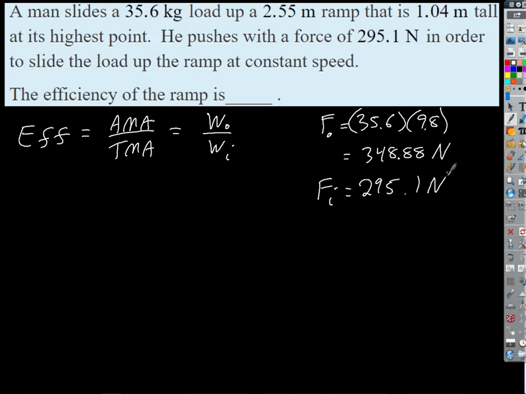Okay, so actual mechanical advantage is the ratio of output force over input force. So that's 348.88 divided by 295.1, and what's that equal to? 1.18. Exactly? Well, 1.18224.